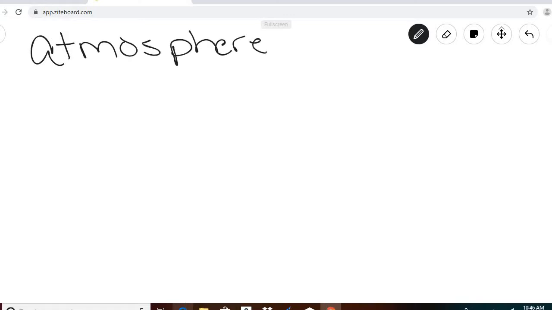Another unit that we use to report pressures is an atmosphere. An atmosphere is abbreviated as 1 ATM. Okay, so that's the abbreviation for the average atmospheric pressure.